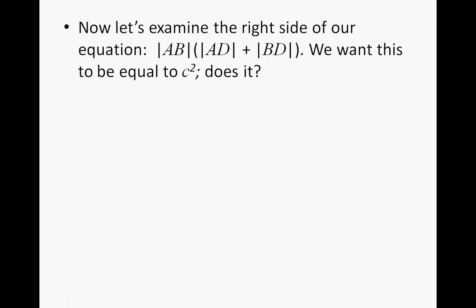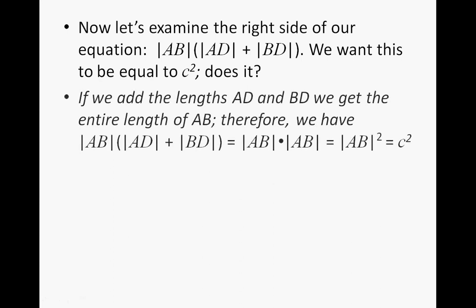So now let's examine the right side of our equation. The factor AB, or length of AB, multiplied by AD plus BD. We want this to be equal to C squared. So, does it? Well, if we add the lengths of AD and BD, we get the entire length of AB.